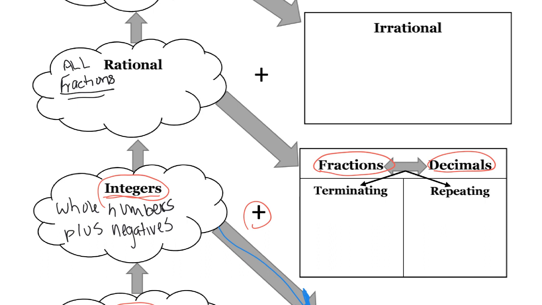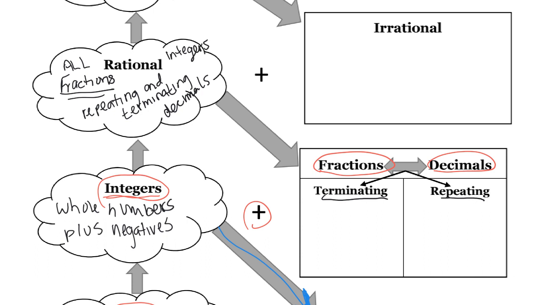The decimals are terminating and repeating decimals, plus integers. Which, remember, integers include whole numbers and natural numbers as well. So it's just like a step ladder up to rational numbers.